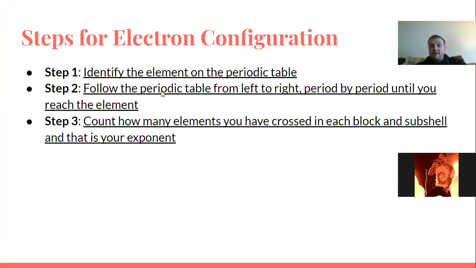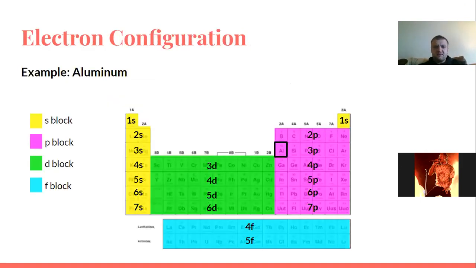It's going to just be something where we learn how to do it. As soon as we learn how to do it, we'll be good. So the first step is you have to identify the element. Then you're going to read the periodic table, basically like a book. The last step is you're going to count how many elements you have crossed. So we'll talk about that today.